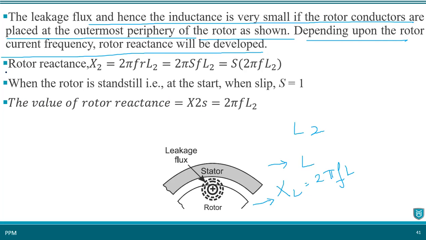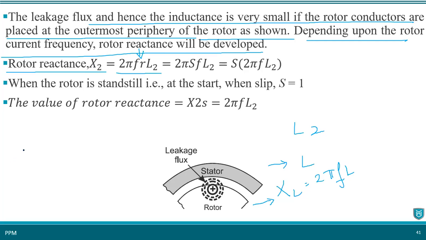Now, here you can take the inductive reactance X2 equal to 2 pi Fr L2. Now, why have we considered Fr? Because in this case, we have to consider the frequency of the EMF and the current which is induced inside the rotor. So that is why we are considering Fr here, not the supply frequency F. That is the reason behind this.